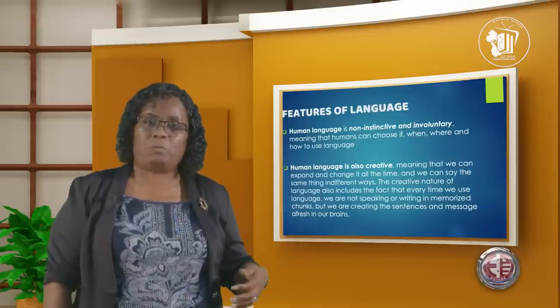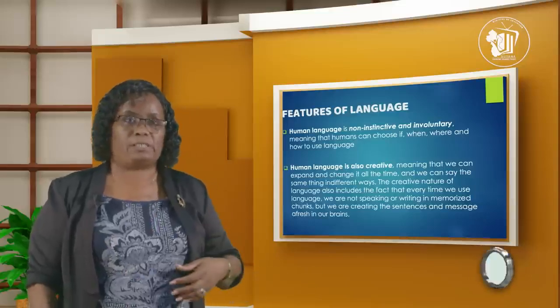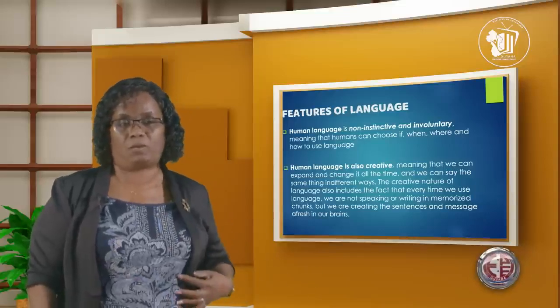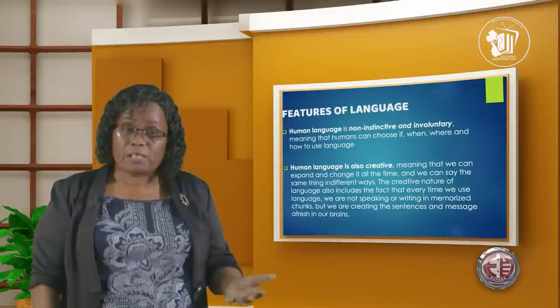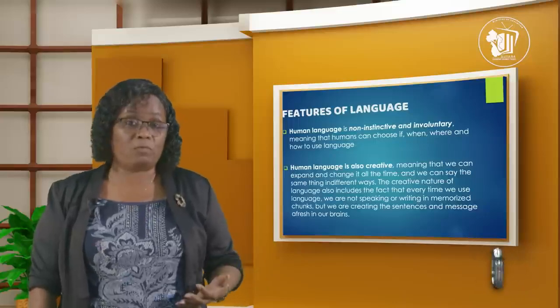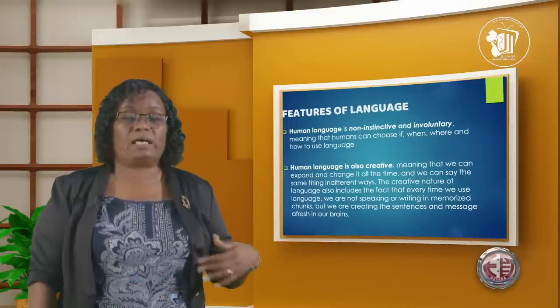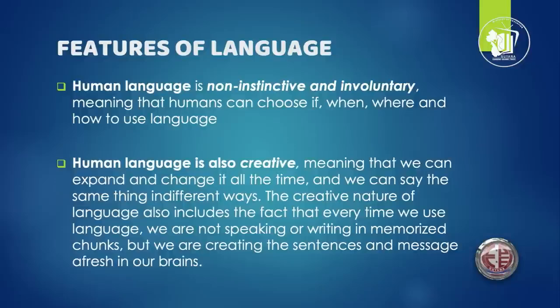So we spoke just now about the features or the intricacies of language. So first of all, human language is non-instinctive and involuntary. Now, what does that mean? That simply tells you that we can choose if, when, and where we want to use language. If I choose not to talk to you today, that's about it.